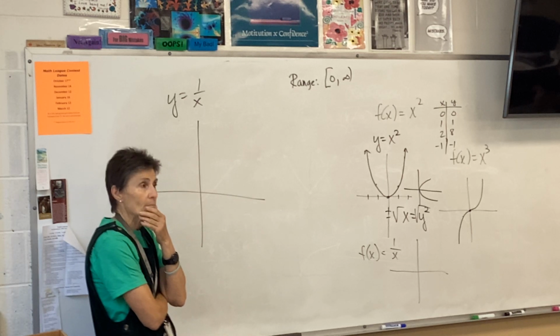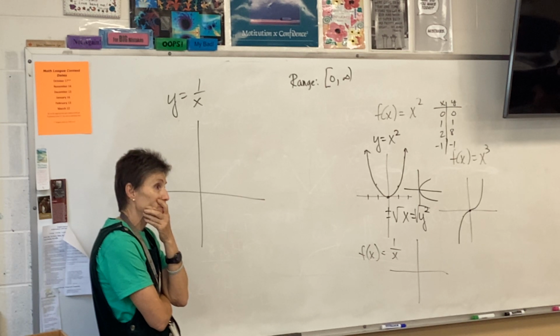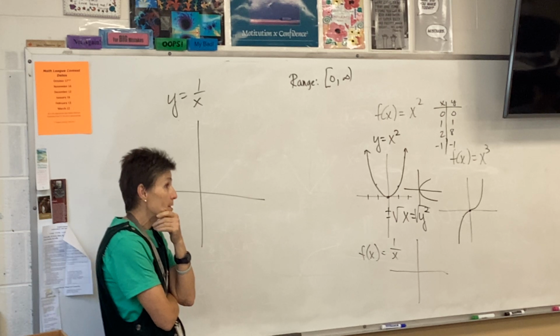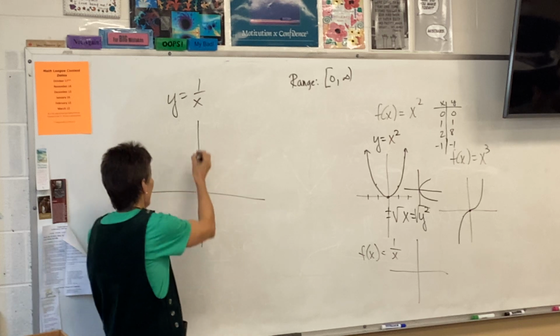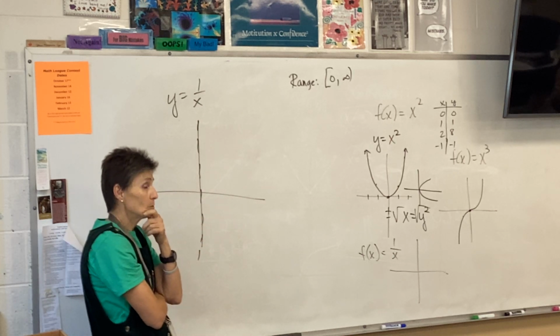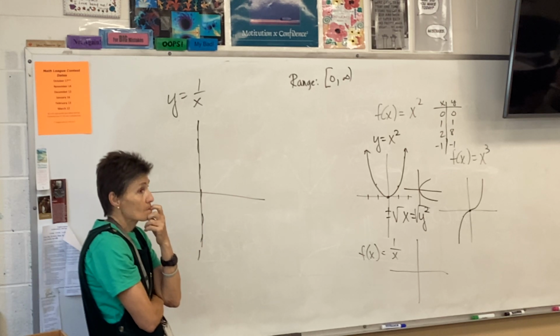What's its domain? Can't be 0. Can't be 0 for sure. So what does that mean? I have a vertical asymptote at 0. Would everybody agree with that? Yes. Okay.